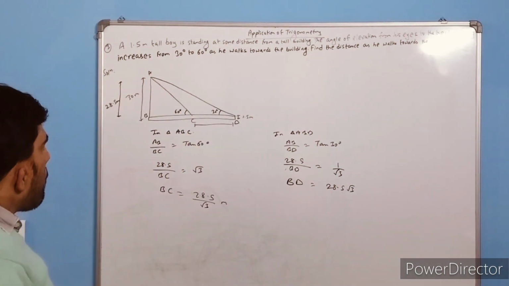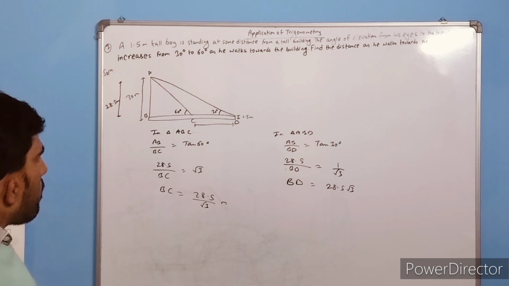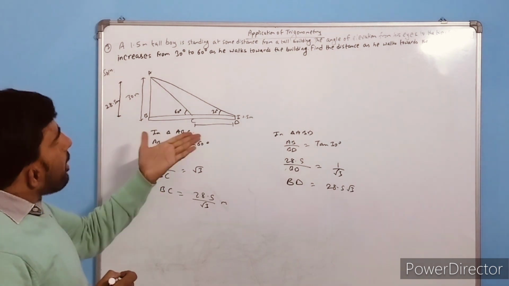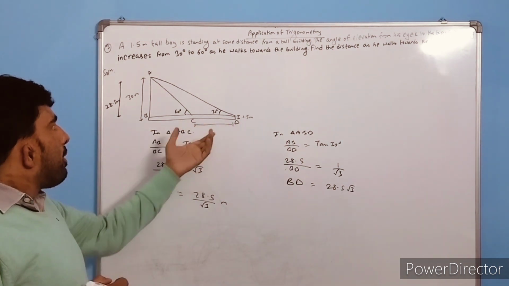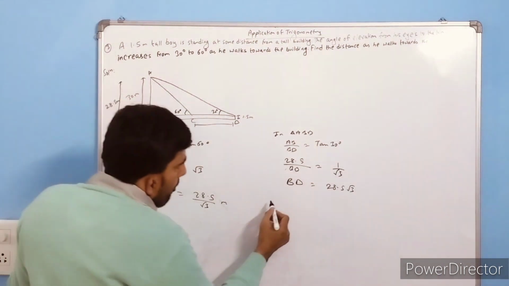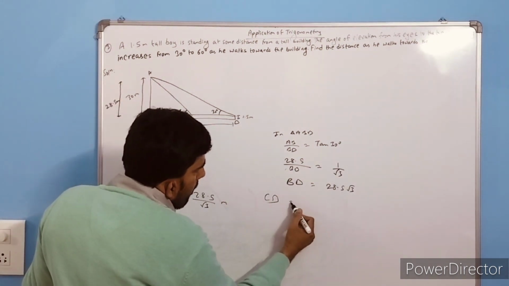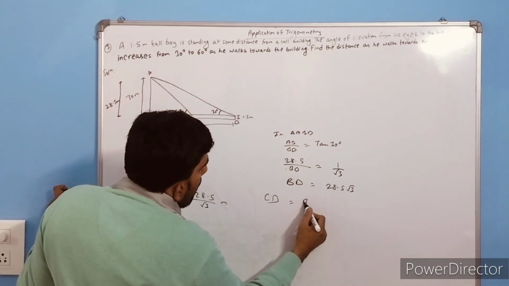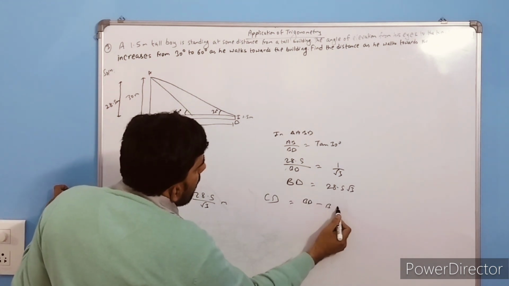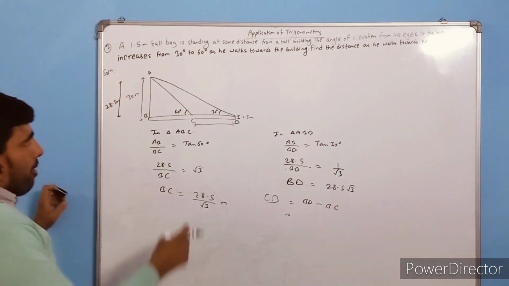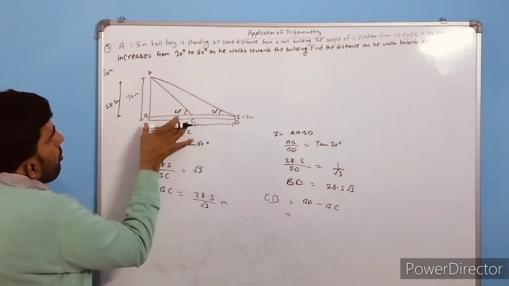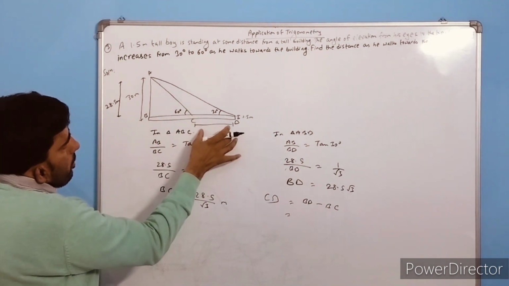Now what we need to do is find the distance as we walk towards the building, that is CD. So how will you find CD here? CD is equal to BD minus BC. If I subtract BC from BD, I get CD.